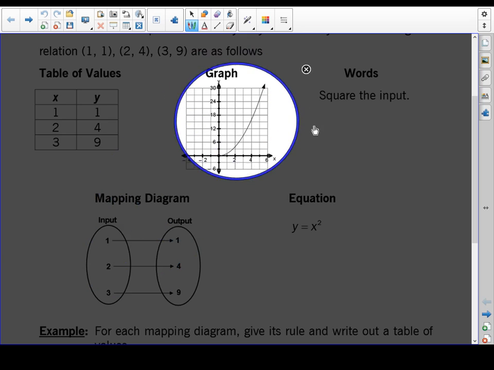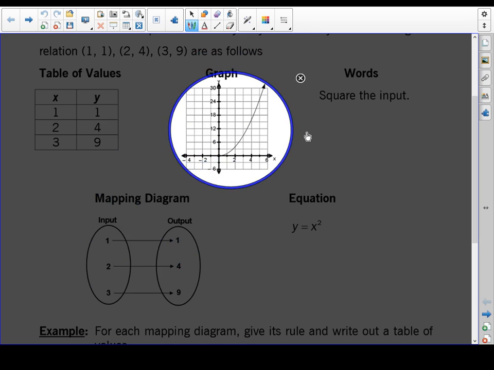So here's a graph, and that graph will have the points (1, 1), (2, 4), and (3, 9), but it has a whole lot of other points here as well. And if you join those points, you get a nice curve.